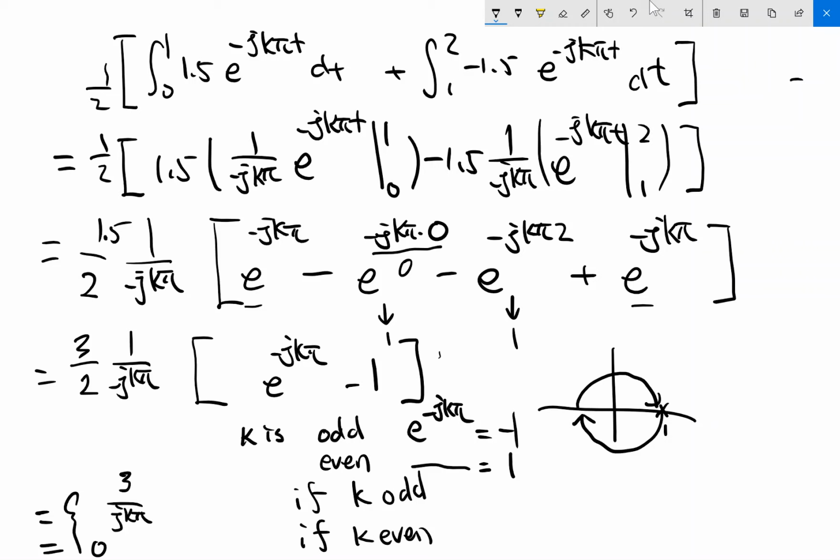Question? I see why the first one is 1, right? Why is the third term over there also 1? E to the negative j k pi 2.